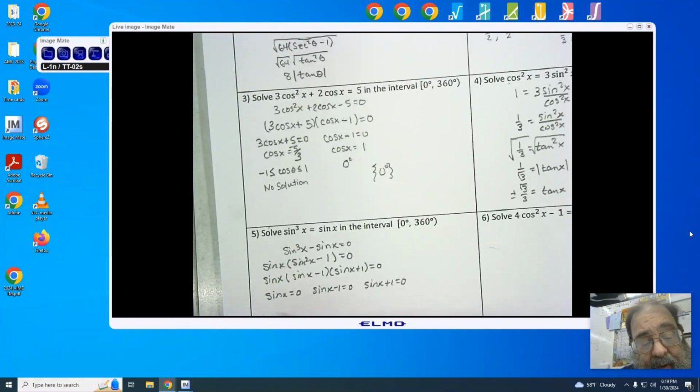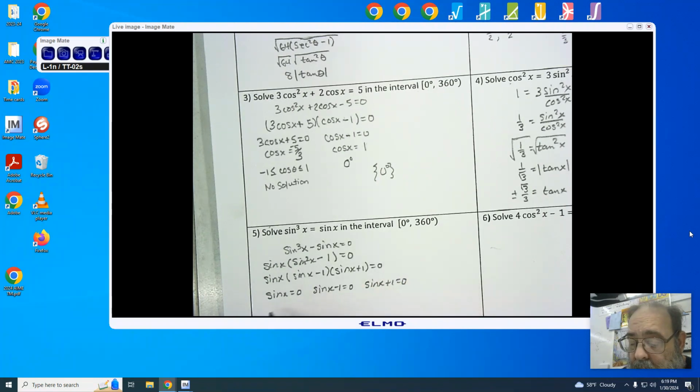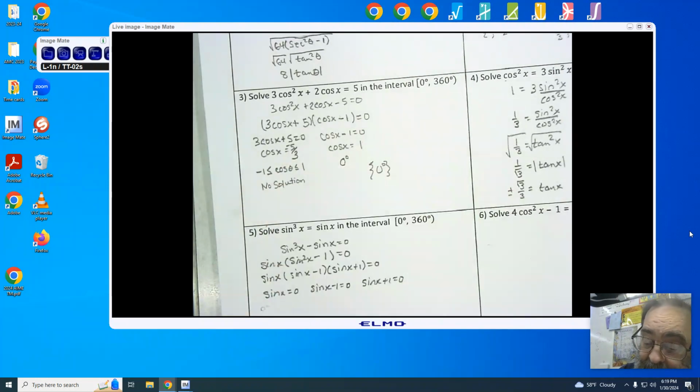So we ask, when is sine going to be 0 in degree mode? Well, sine is 0 at 0 pi, which would be 0 degrees. And then we have it at 180 degrees, which is also pi for those of you doing radians. This then allows us to solve for sine of x equaling a positive 1.